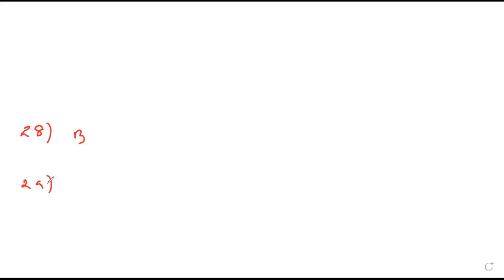A metallic surface has a threshold wavelength lambda 0, 5200. This surface is irradiated by monochromatic light of wavelength 4500. Which of the following statements is true? First, will the electron be emitted? Yes. Lambda is less than lambda 0.